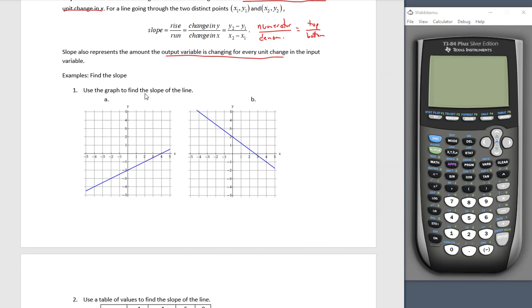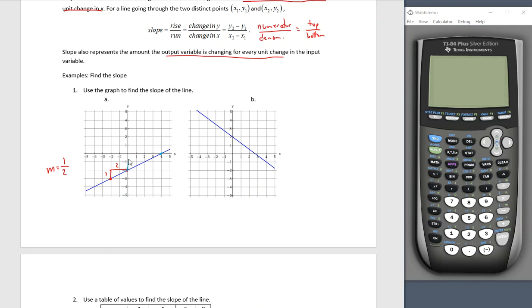All right, so let's use the graph to find the slope of the line. So I'm going to find any two good points. Here's a good point, and here's a good point. So I can see that the y value, we go up 1, and then we will go to the right 2. So our slope, up 1, to the right 2. But keep in mind, I could have chosen this point and this point.